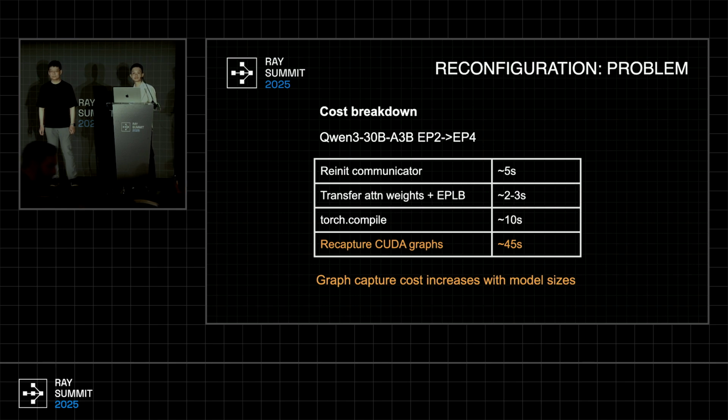Okay, final question. Hello, thank you for a great talk. How do you handle network failures or network congestion during the weight transfers? Also, do you have any plans for supporting RDMA natively for this elastic heap?